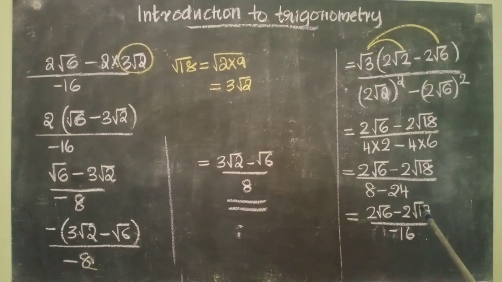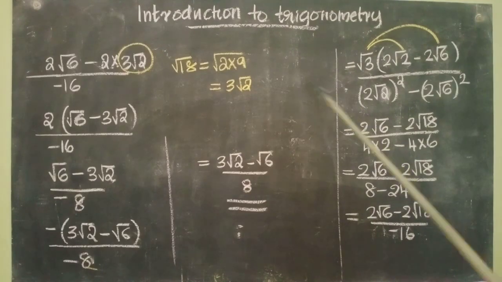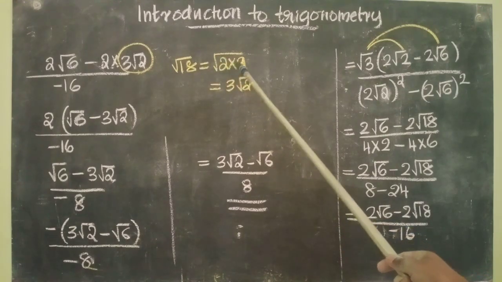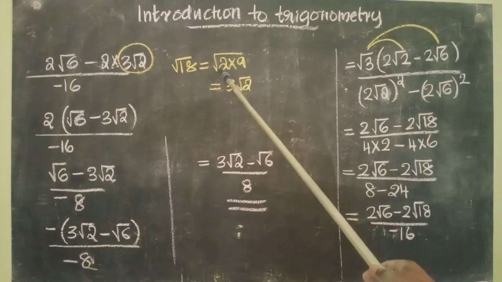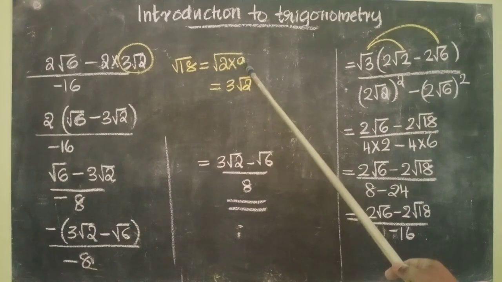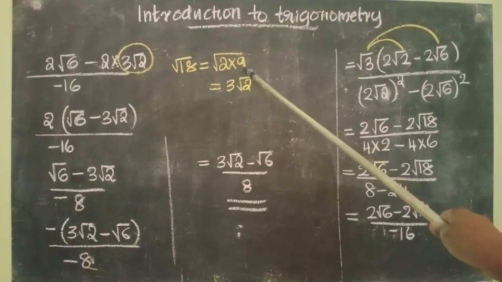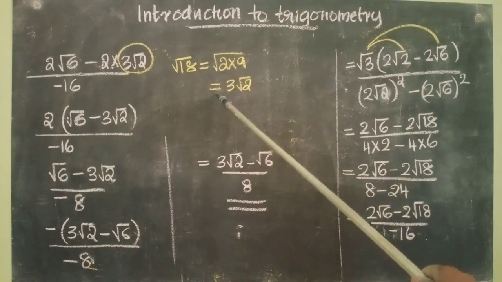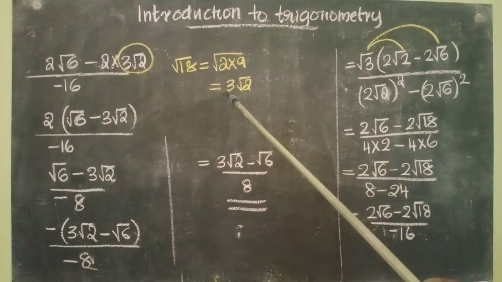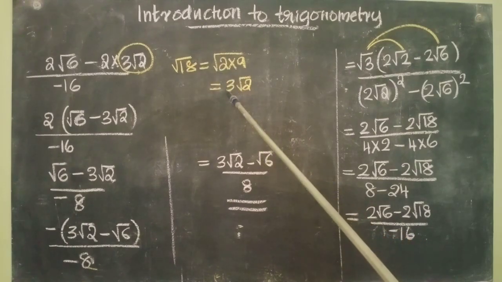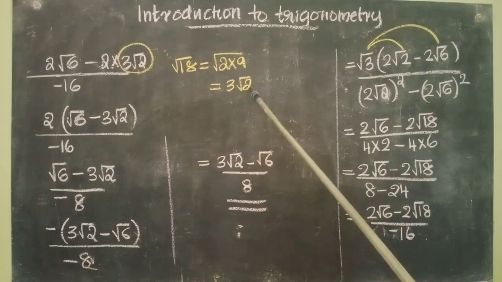Now you see this root 18. We can write as root of 2 into 9. In these two numbers, 9 is a perfect square and its square root is 3. So we can take it out of the square root sign. So we can write root 18 equal to 3 root 2.